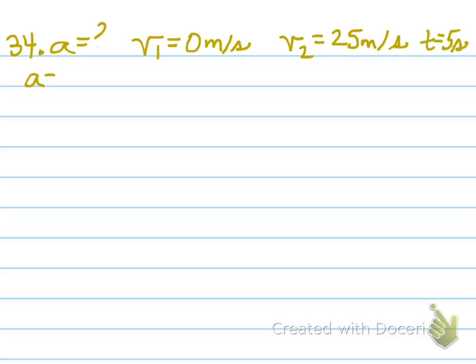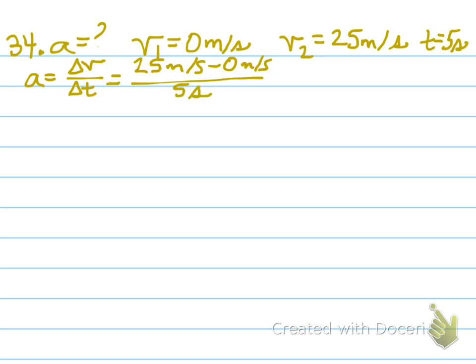So again, acceleration is our change in velocity over our change in time. So 25 meters per second minus our 0 meters per second divided by our 5 seconds. We have 25 meters per second divided by 5 seconds. 25 divided by 5 is 5. Okay, meters per second squared this time because we have 2 seconds there.